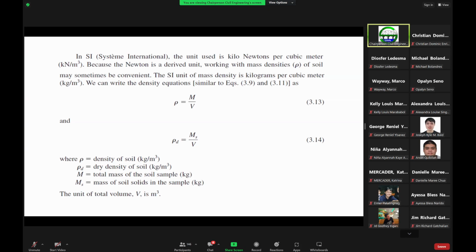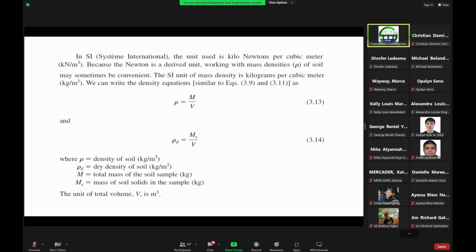Now, because the Newton is a derived unit, working with mass densities of the soil, symbolized by rho, may sometimes be convenient.